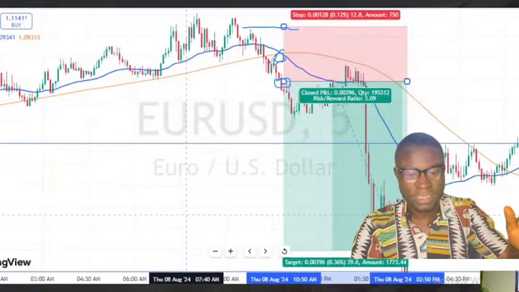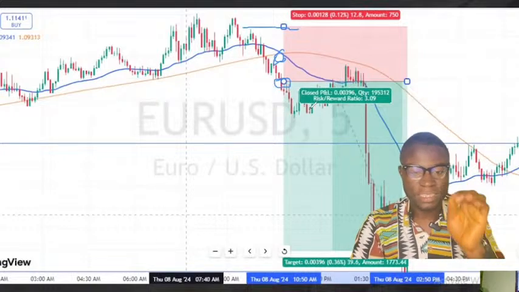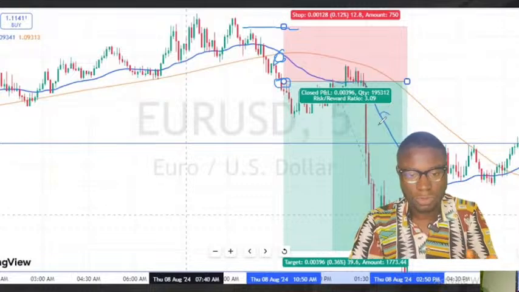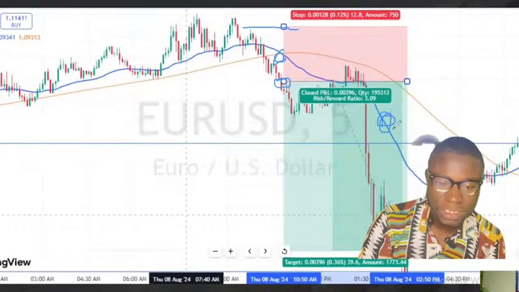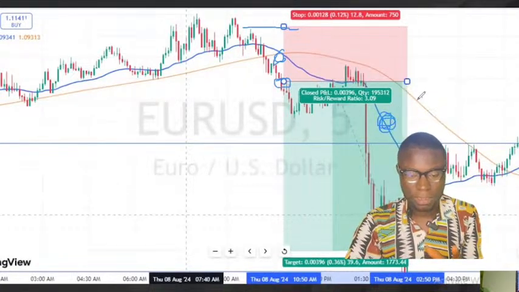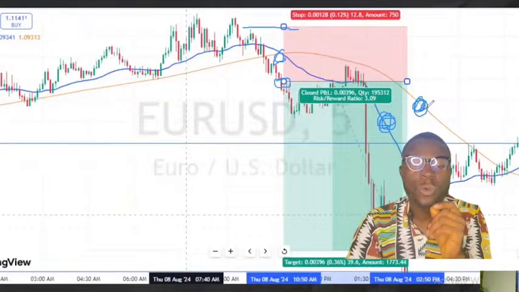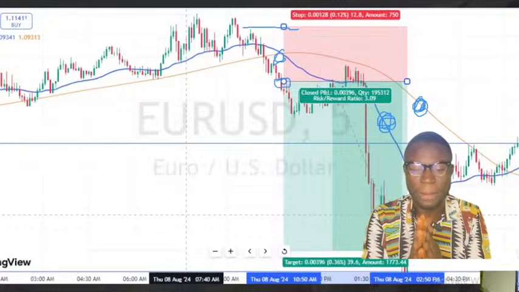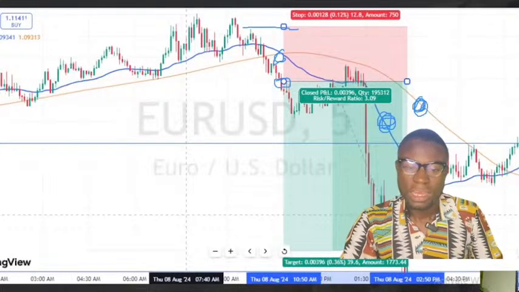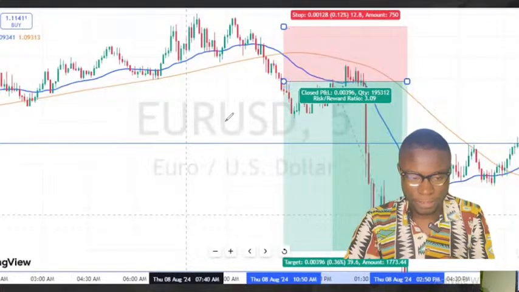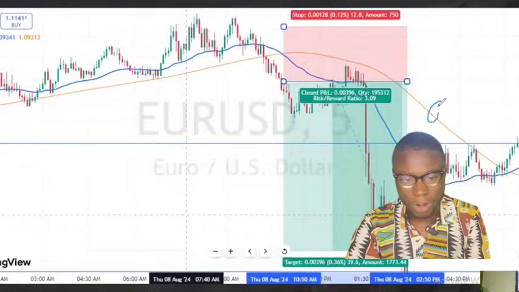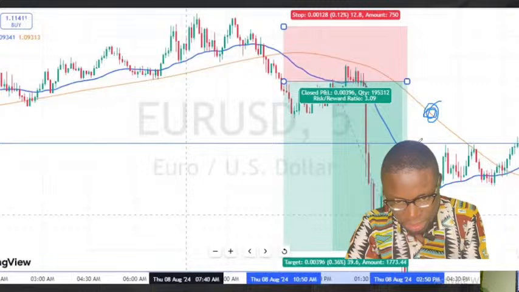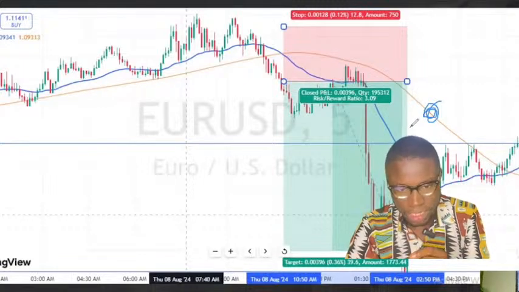When price starts moving in my favor and has moved to an extent in my favor, I will start using this orange colored moving average, because most of the times it serves as a support or resistance trend line. So I will use it to trail the stop. I use it as my trailing stop.